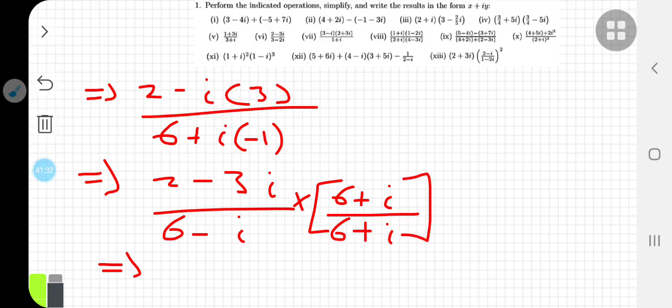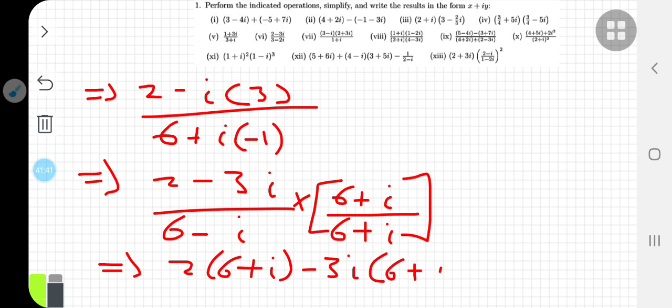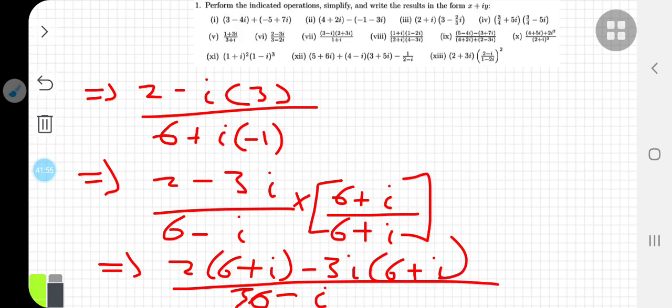Then I'm going to say 2 multiplied with 6 plus i, then minus 3i, also multiplied with 6 plus i, over, and I'll just say 6 times 6 there to just give me 36. And there I'm going to have minus i squared.